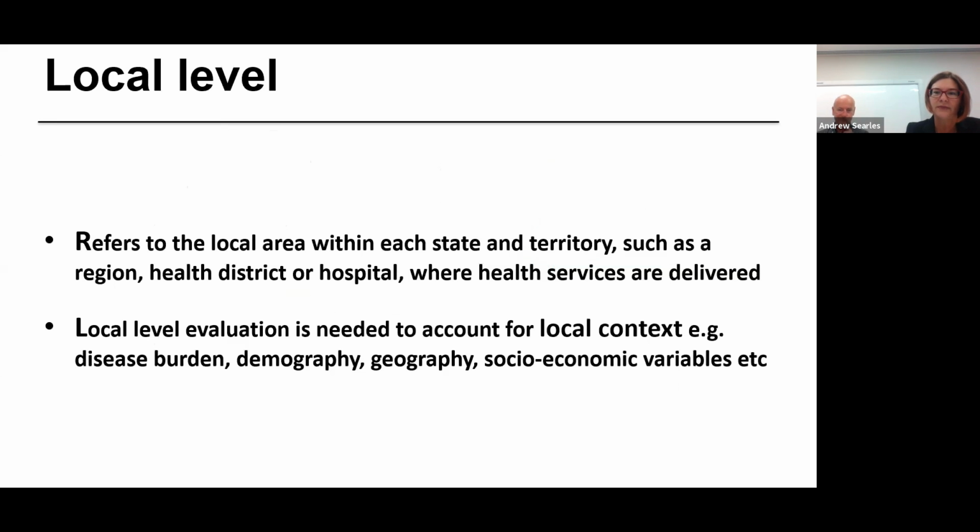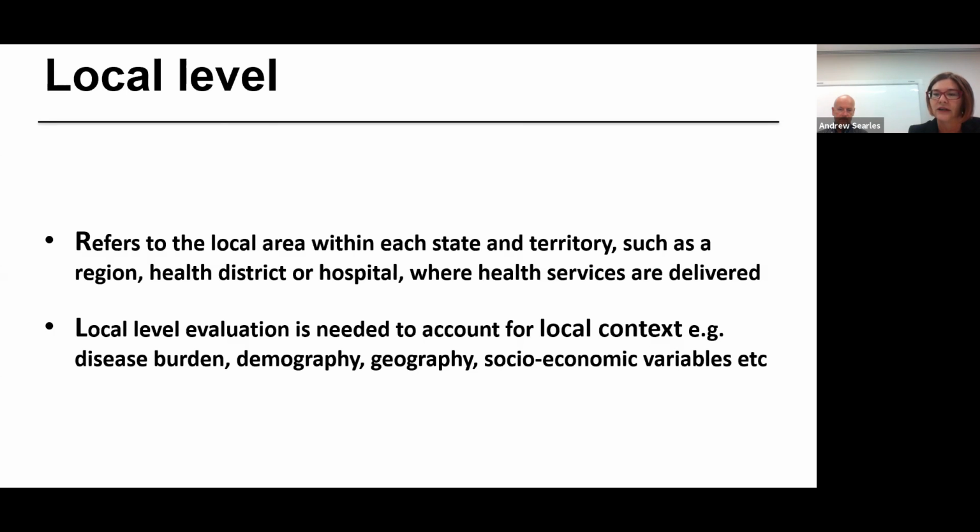So what do we mean by local level? So for the purposes of the project, we were interested in talking to health services that could be at hospital level or regional health services, districts, where health services are being delivered. And the reason for the focus on local level was because we wanted to understand local context and understand why that's different in local health service decision making, different disease burdens, demography, and socioeconomic variables.